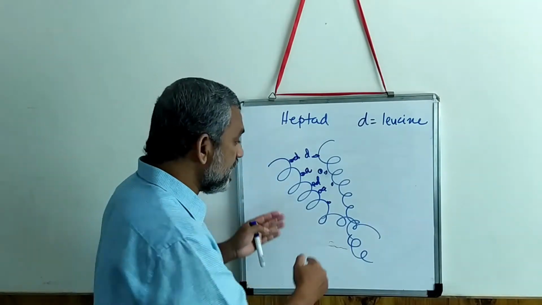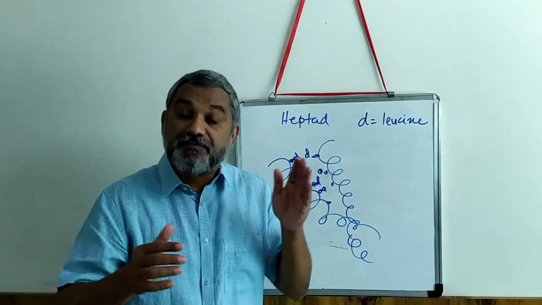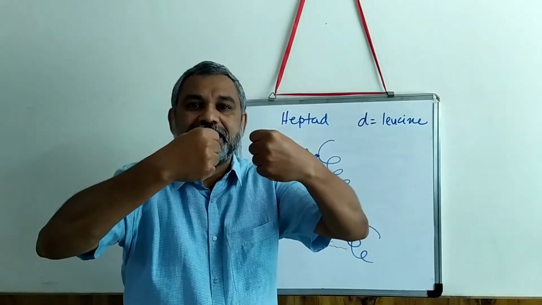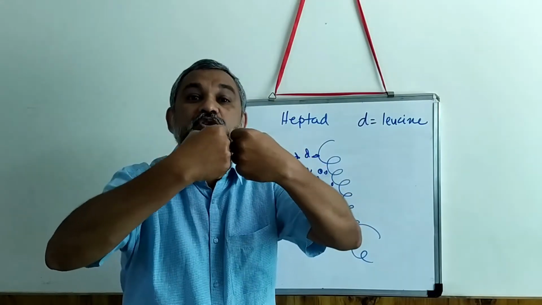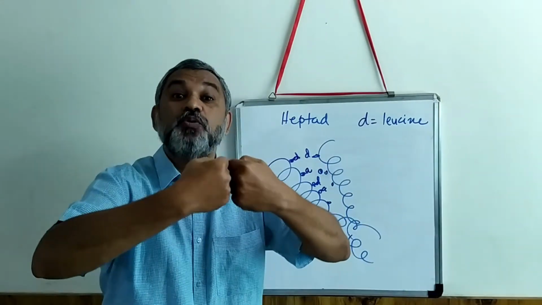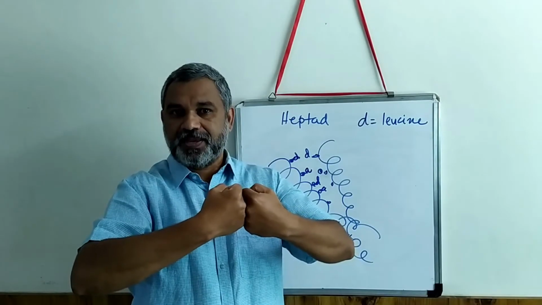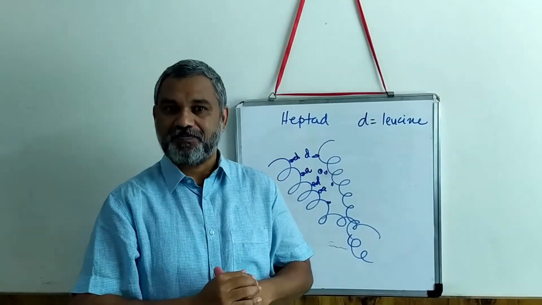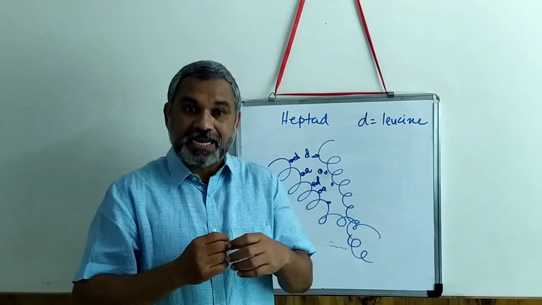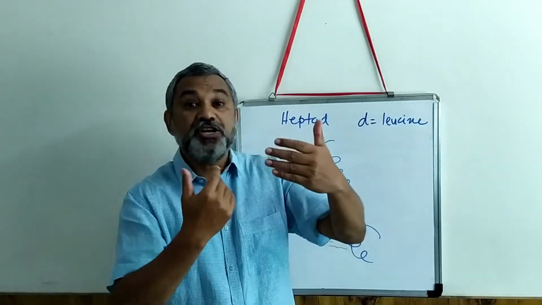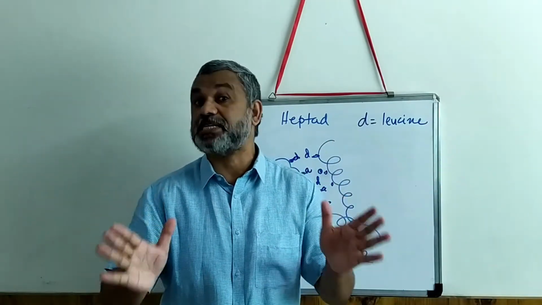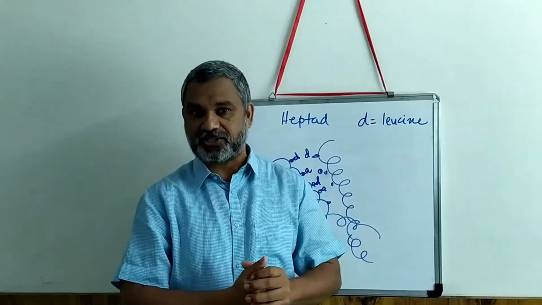Now we are going to understand how exactly they will fit in. Because it is a helical structure, two helical structures should not repel. They should come closer and they have to fit together. If you design an alpha helical structure, you will see that the R groups will always project out of the alpha helical structure.